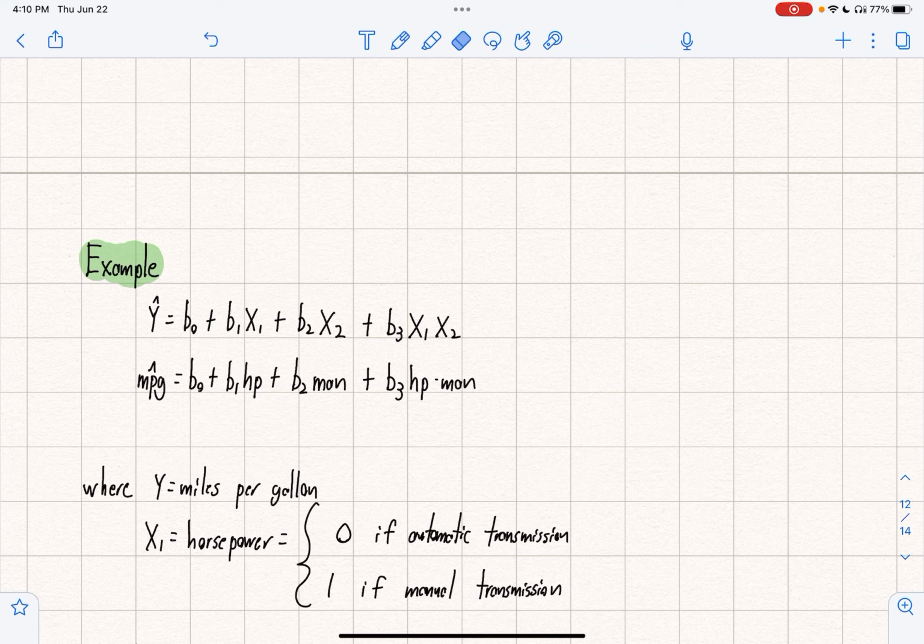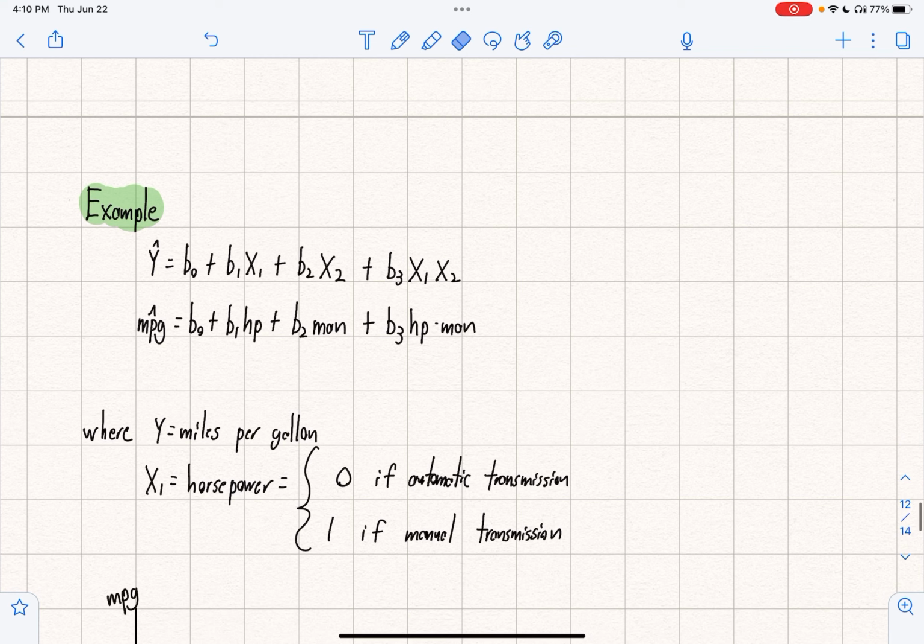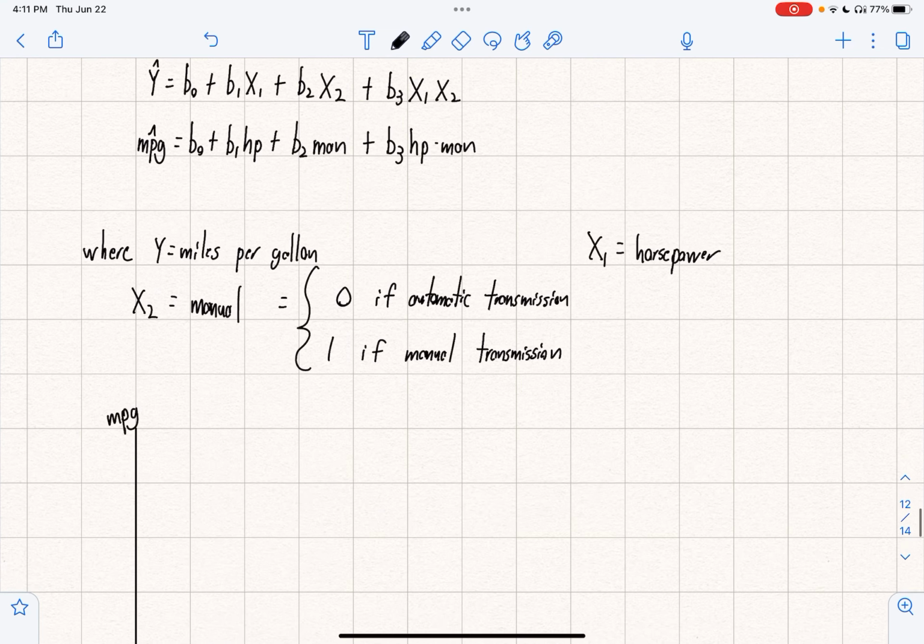So let's say y is still miles per gallon, and x2 is still the transmission: 0 if automatic, 1 if manual, and x1 is equal to horsepower. Okay, let's visualize this.